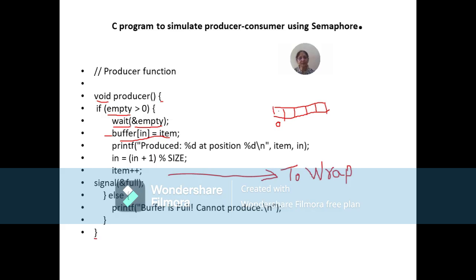Item. What was the value of item? 1. So it produced 1 at subscript 0, and then there is a printf statement which says produced %d at position %d. So it says produced item, that is 1, at position in, that is 0. So you get an output which says produced 1 at position 0.